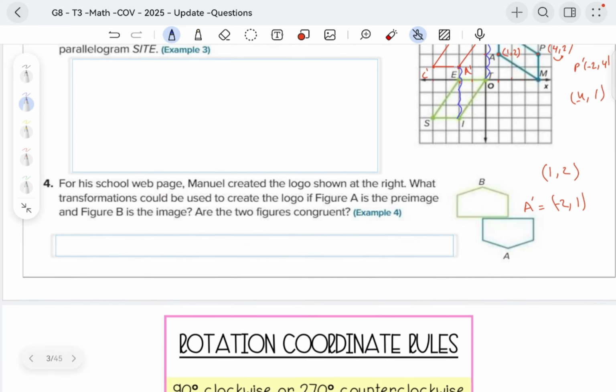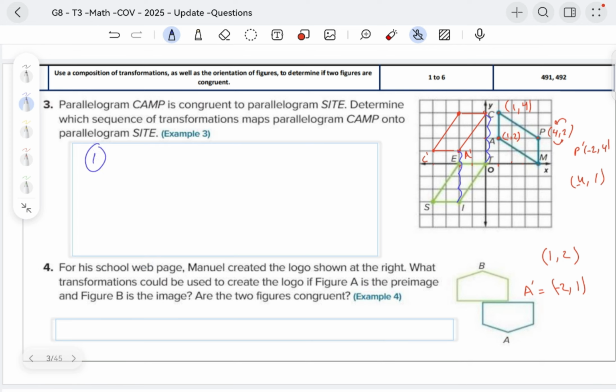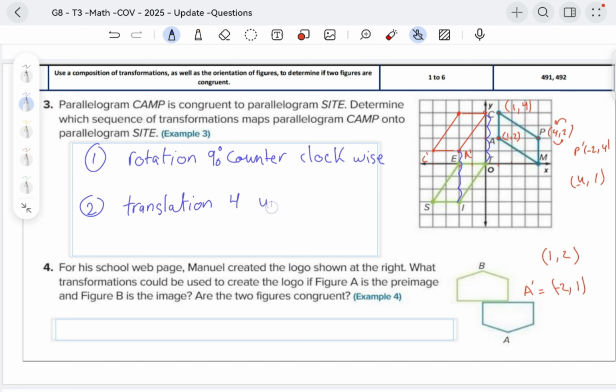So first we have a rotation 90 degrees counterclockwise. And then we have a translation, four units down, 1, 2, 3, 4 units down.